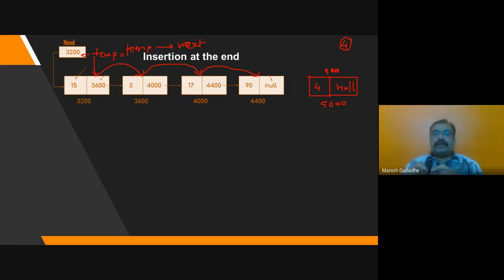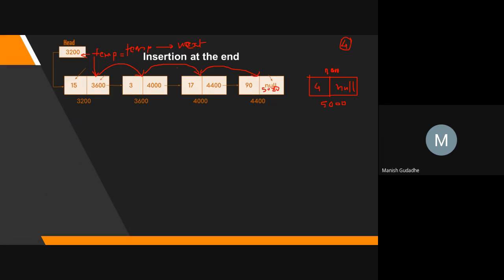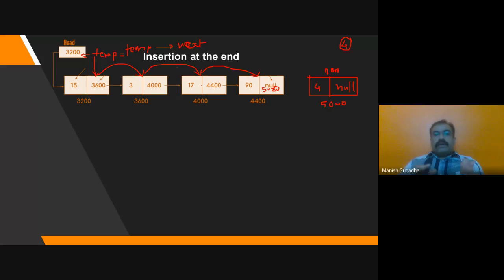So if temp dot next is equal to null, we are going to make it 5000.